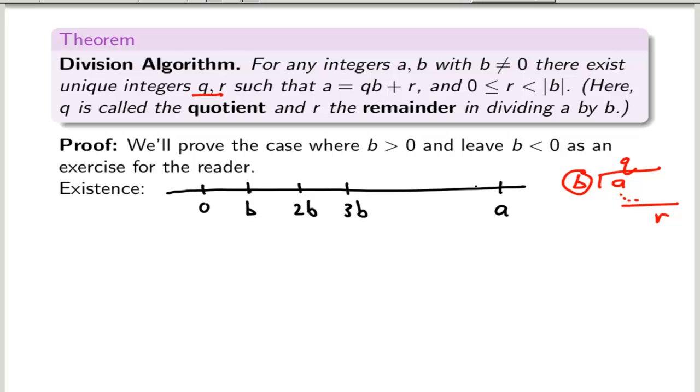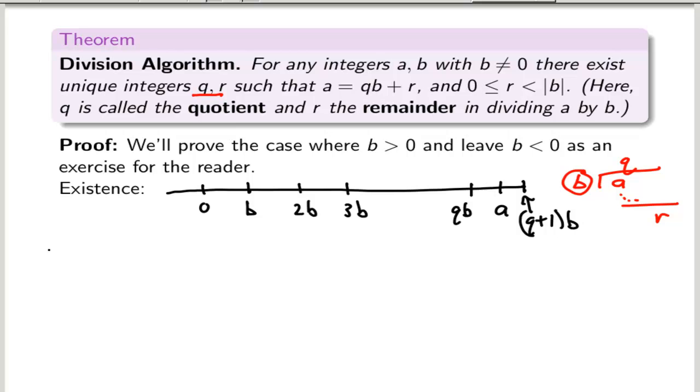You keep going until we get the biggest multiple of B smaller than A. And we know such a multiple exists because the set of such multiples is bounded above, and so the maximum element principle tells us that there will be a maximal multiple of B smaller than A. And then the next one, (Q plus 1)B, is strictly bigger than A.